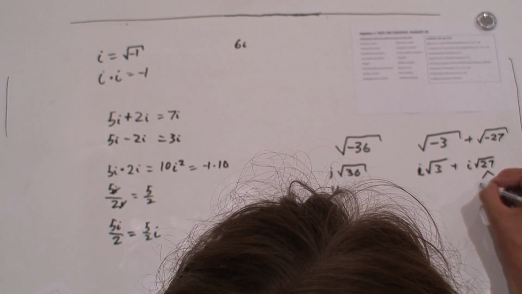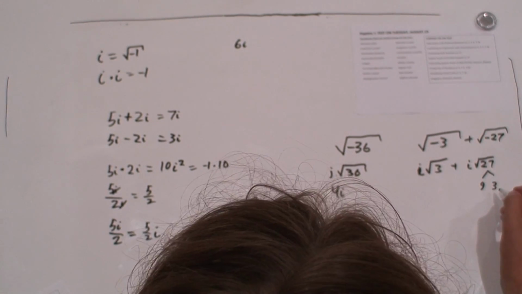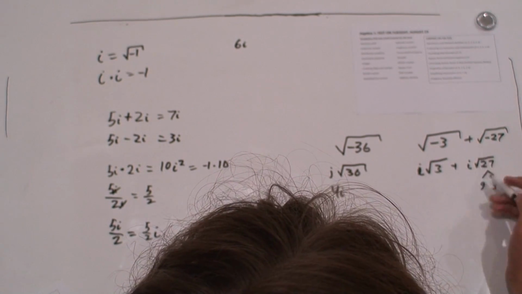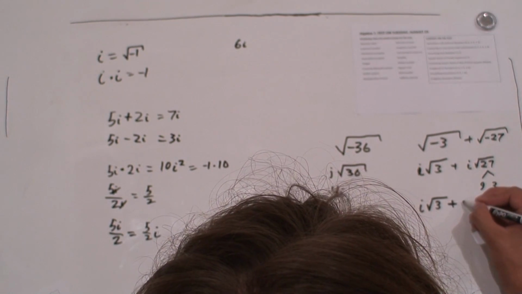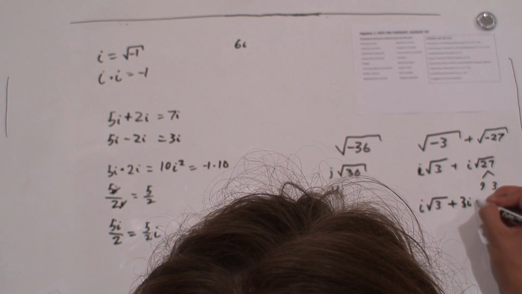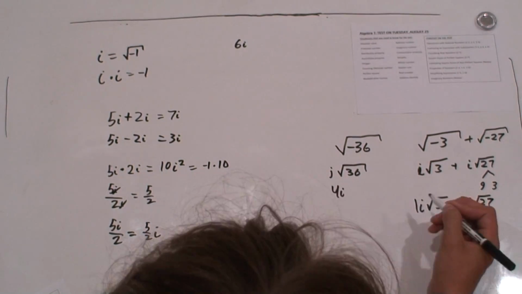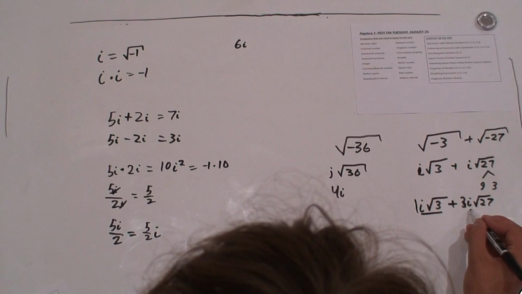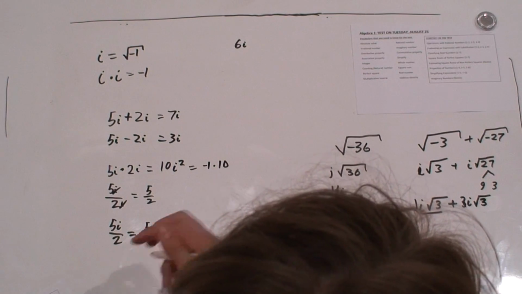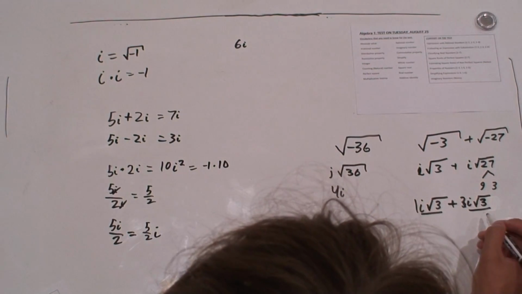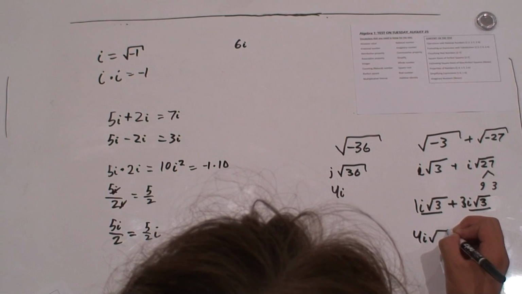We said that 27 could be broken down to 9 and 3. 9 is a perfect square, so we can take that out as i root 3 plus 3i root 3. Now, basically we have 1i times root 3, and we have 3i times root 3. If you add 1 plus 3, it's 4i root 3.